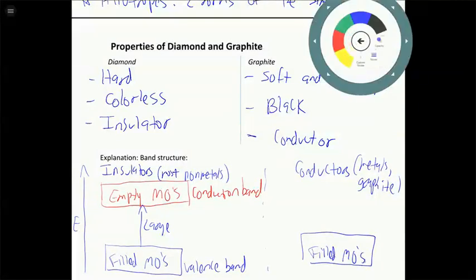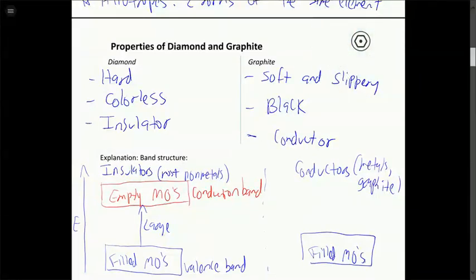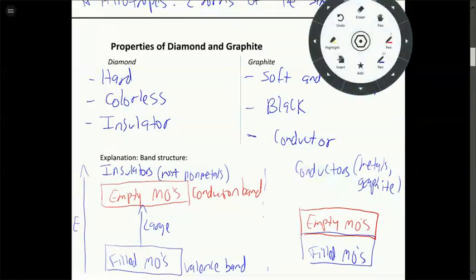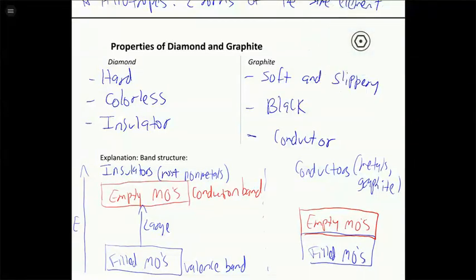But then your empty molecular orbitals, the conduction band as we call it, is going to be right on top of those. You essentially have no gap. So when your band structure looks like this, where the filled and empty molecular orbitals are right on top of each other with no gap, you have a conductor because the electrons have no barrier. They're able to very easily move between the valence band and the conduction band and translate through the structure.